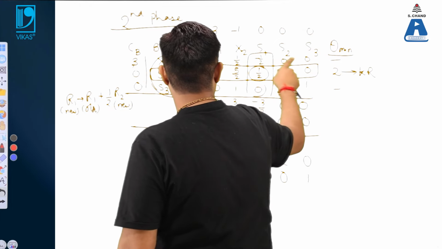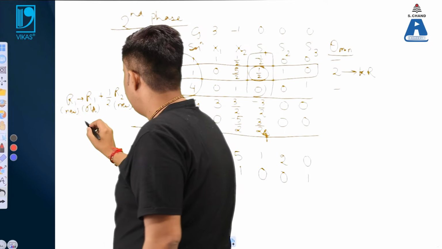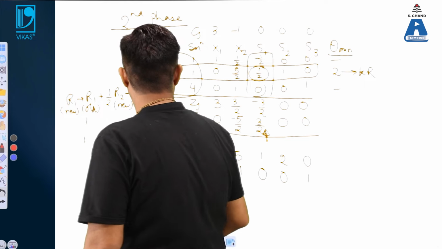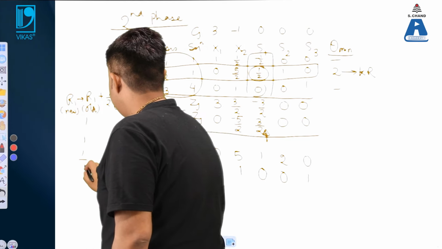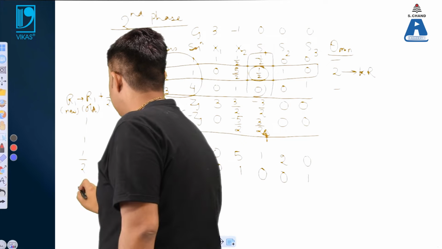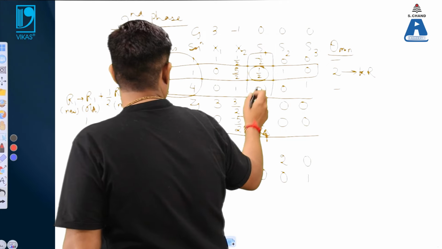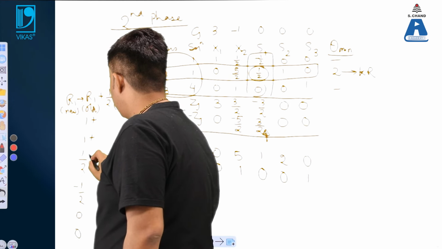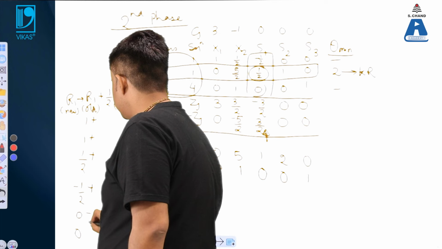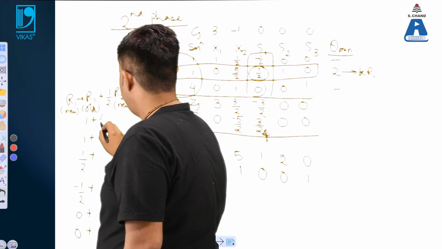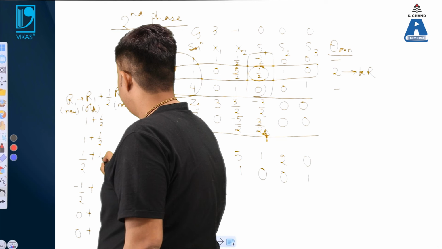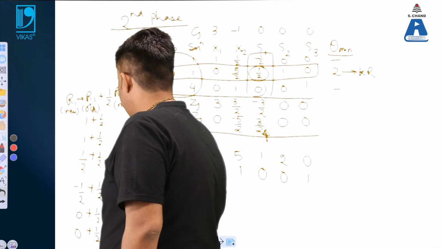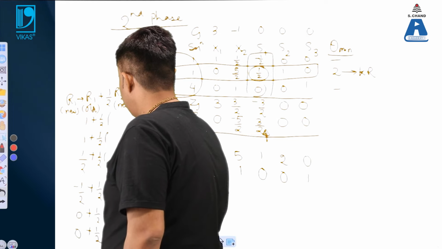So R1 old's elements are to be written, so I need to write all the elements of R1. I have got 1, I have got this 1 again, then 1 by 2, then minus 1 by 2, then 0 and 0 as the two different numbers. Then I have the plus sign, then half remains the same, and write all the elements of the key row.